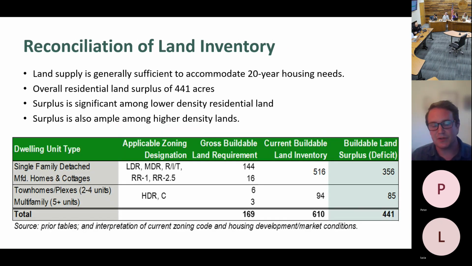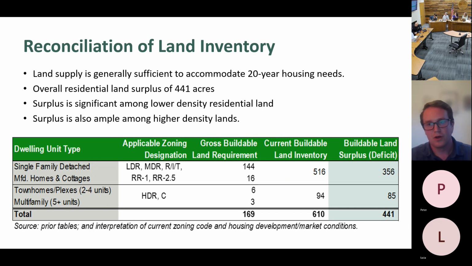The way that we reconcile these two is to look at the gross buildable land requirement that we discussed earlier, that 169 acres needed to meet the need over the next 20 years, and take a look at the current buildable land inventory, that's 610 buildable acres. We also make sure that these lands are in the appropriate zones, right? So we want to make sure that high density land is meeting high density need and that we don't have a deficit in that category.